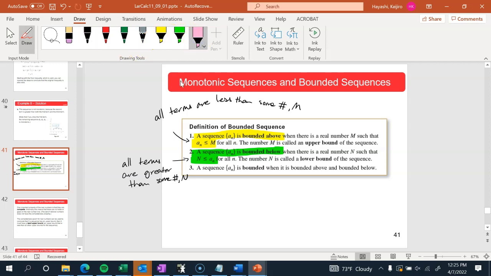So that's what's specifically meant by bounded above and bounded below. If it has both a lower bound and an upper bound, you just say it's bounded. But to be bounded, it has to have both. It has to be bounded both above and below for you to just be able to call it bounded.